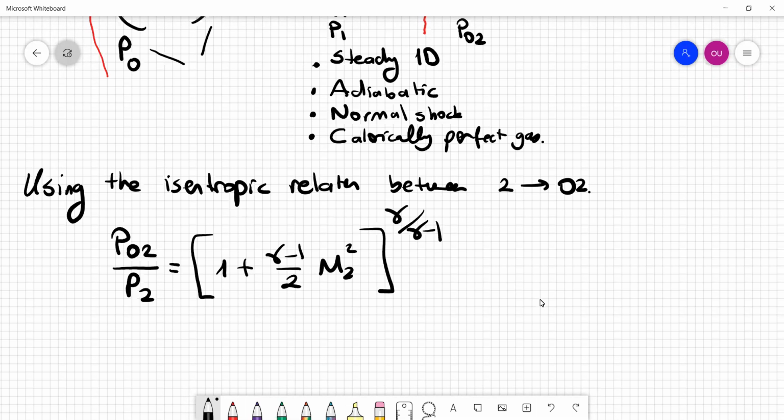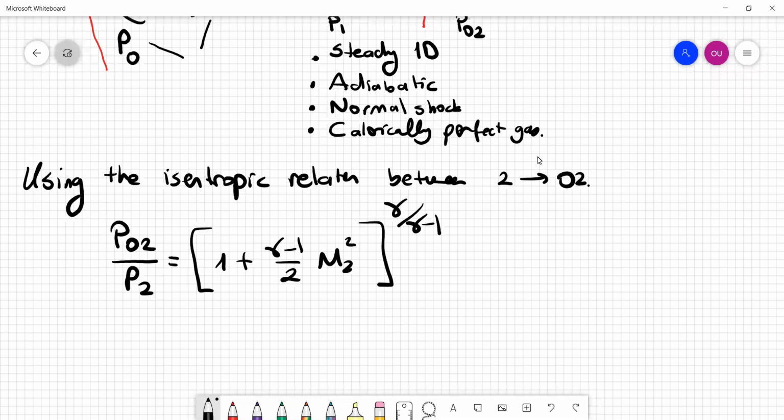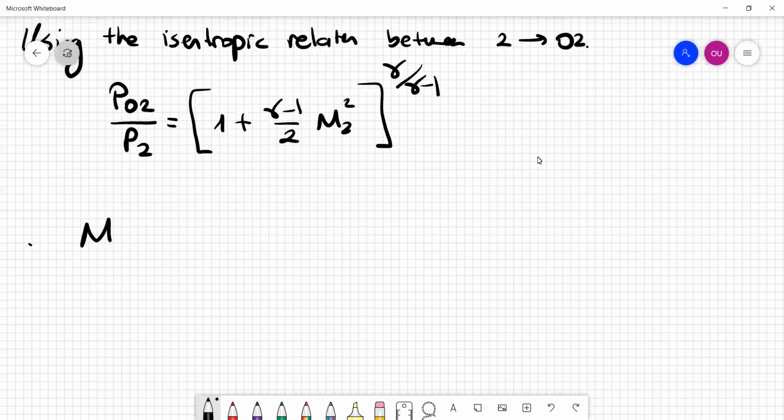So therefore, using these two measured quantities on the left-hand side of this equation, I can actually obtain a value for M2 square behind the normal shock wave in front of the pitot-static tube.